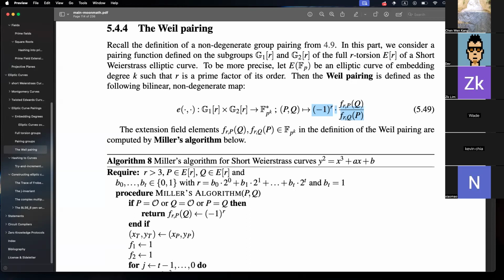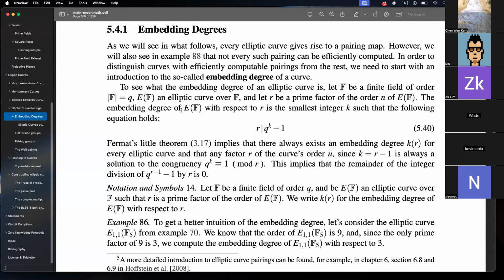To know if it's pairing friendly, one of the things is the embedding degree, and probably a lot more, because there are a lot of things affecting the pairing calculation efficiency. So if you want to know, you probably have to just do the calculation and see if that curve is suitable in this case.